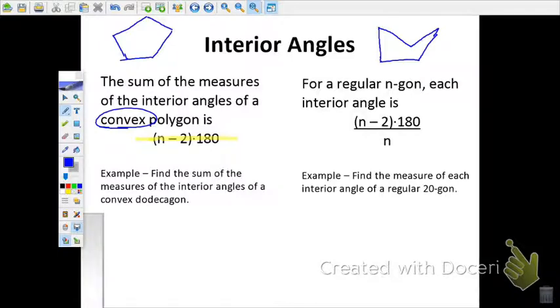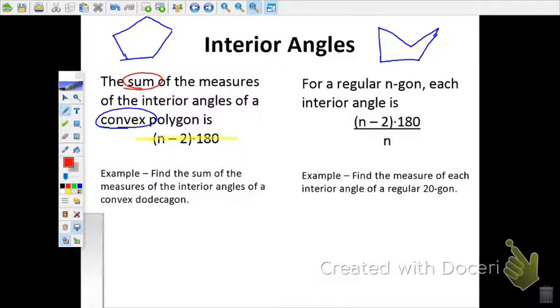So again, to find the sum of the measures of the interior angles of a convex polygon, we're taking the number of sides minus 2 and then multiplying that by 180.